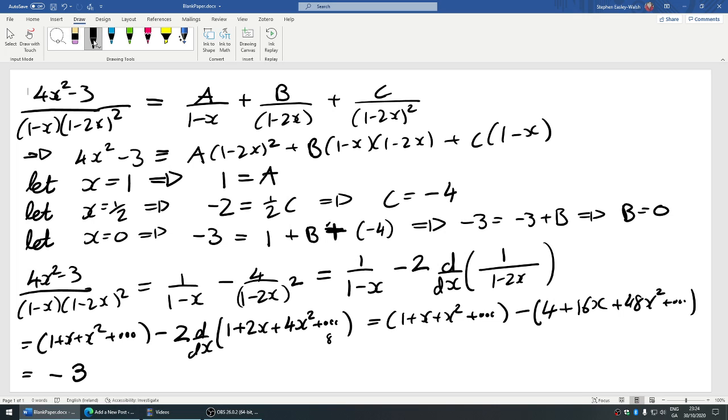Then it's x minus 16x is minus 15x. Then it's x squared minus 48x, so that's minus 47x squared, etc.